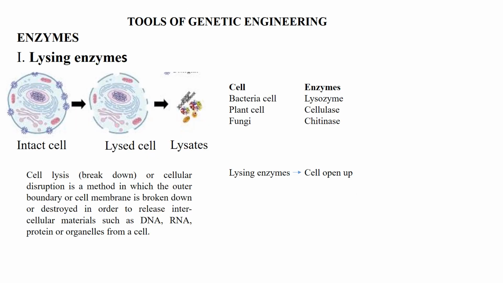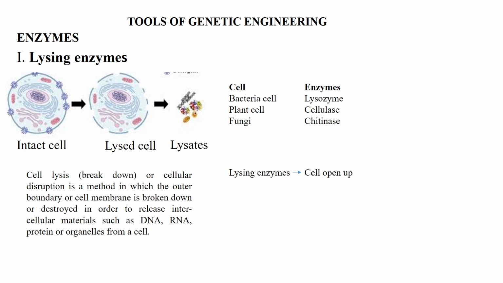The first group of enzymes used in genetic engineering or biotechnology are lysing enzymes. As the name indicates, lysis actually means breakdown. These are the enzymes used to break down the outer boundary of the cell, or the cell membrane.